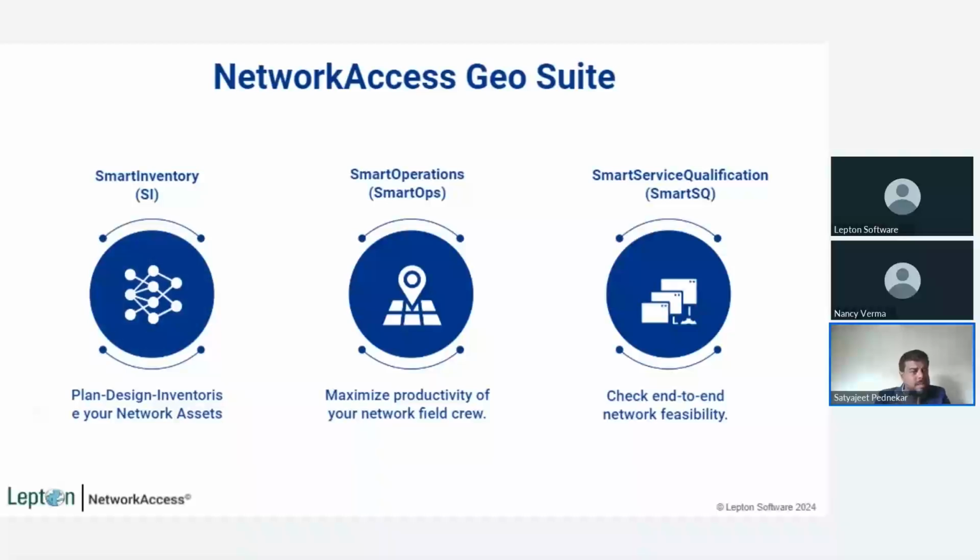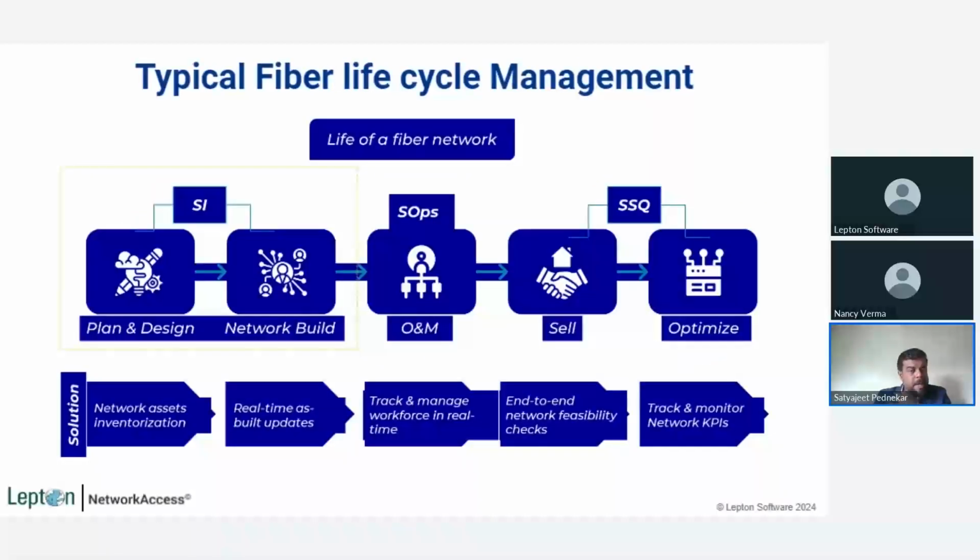This is a typical fiber life cycle management, and how these 3 modules are useful in 3 different kinds of projects. The Smart Inventory stands for SI. It's useful in planning and design and the network build, where you can map your network assets, inventorize your network assets, and then do real-time build updates from the field.